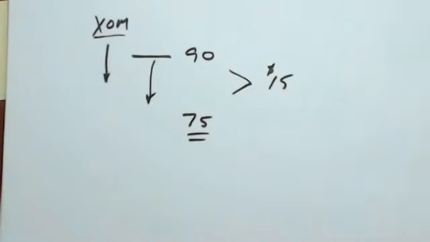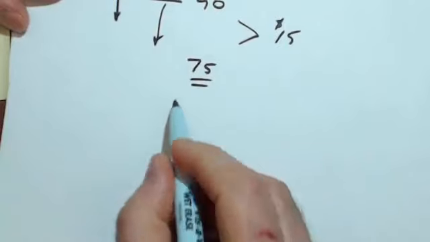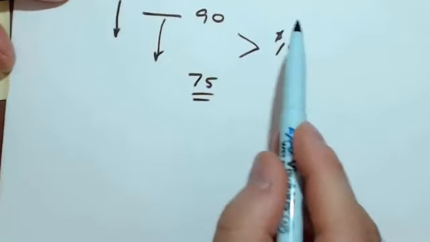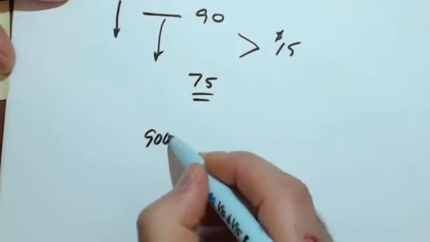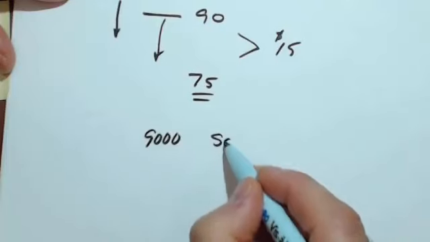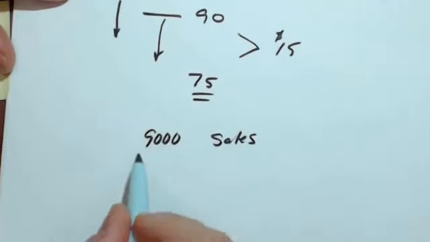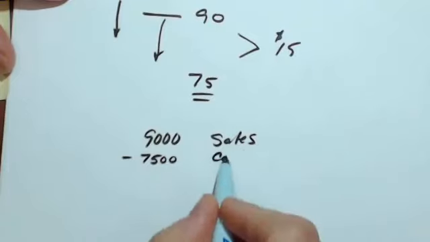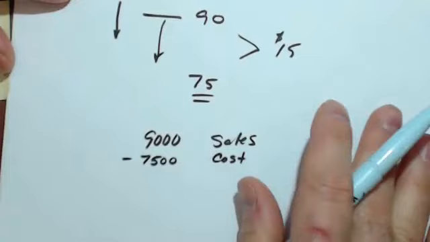Okay, so let's make this example a little more concrete. Let's say you short ExxonMobil at $90 a share, and you do 100 shares, so you're going to have sales proceeds of $9,000. Let's say you buy the shares back, or you expect to buy it back, so you're going to have a negative $7,500 to buy the shares back. That's your cost. And then don't forget, now there are dividends associated with ExxonMobil.